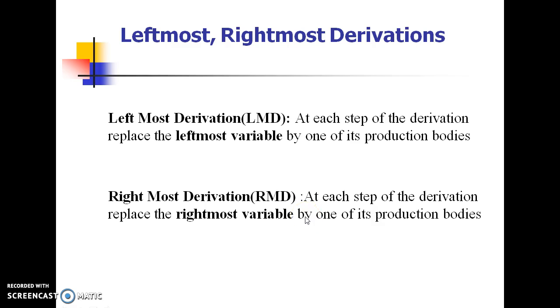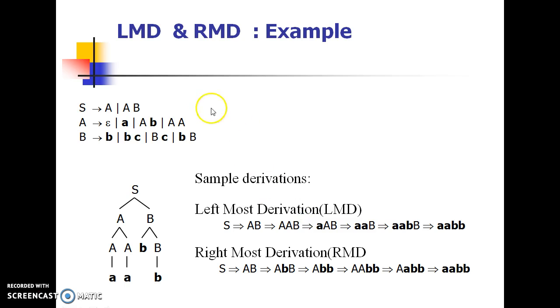Consider an example where the grammar is described using the set of productions S goes to AAB, and A is defined by the fourth production, and similarly B is defined by the third production. In order to generate the string here, a, b, b, we start with the starting variable S in both types of derivation.